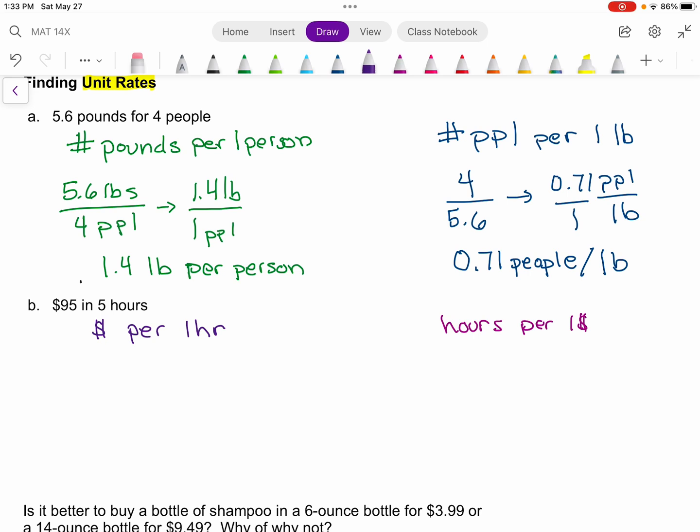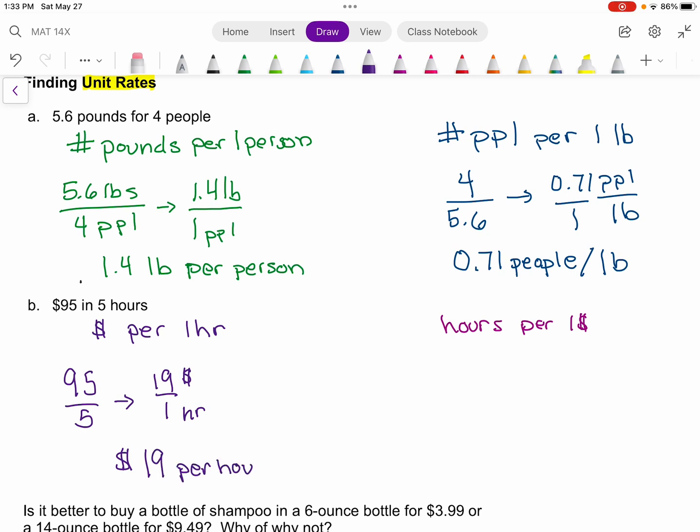Let's look at the first one. Dollars per hour. We put our dollar amount over our number of hours, and that would reduce to 19 over 1. And so we would write that as $19 per hour.